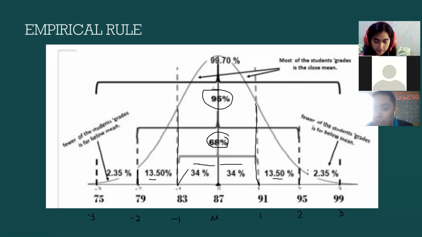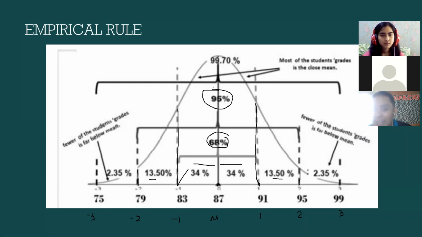Nung lumayo tayo, nadagdagan lang siya ng 13.5, from negative 1 to negative 2, ang area na lang niya ay 13.5. So, ibig sabihin, naging 95 from 68. Ano ang layo nun? So, that is more or less 27%. From 68, nadagdagan siya ng 27%, naging 95%.